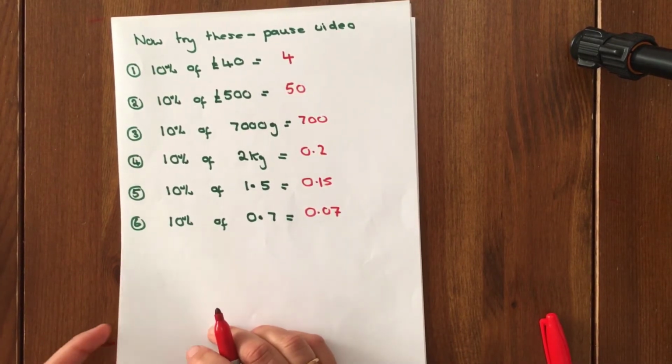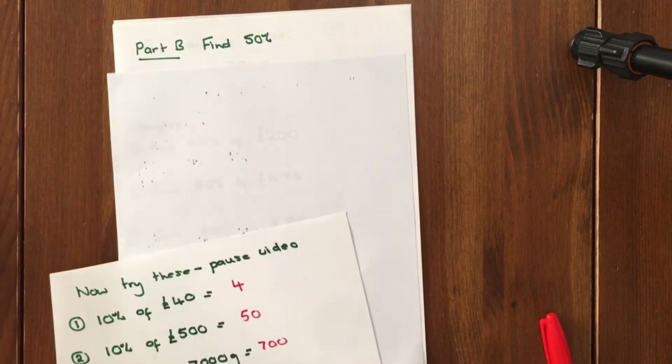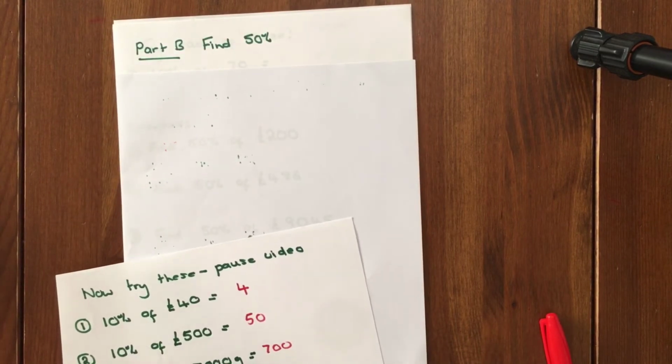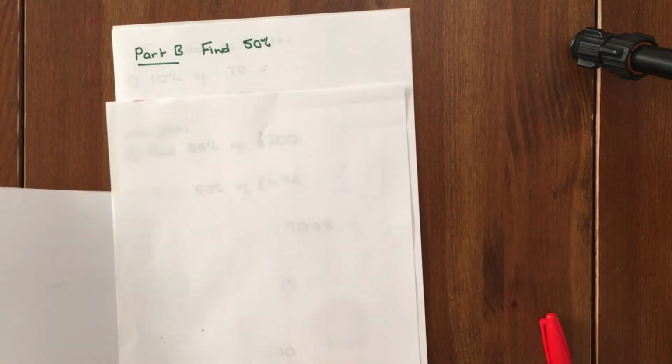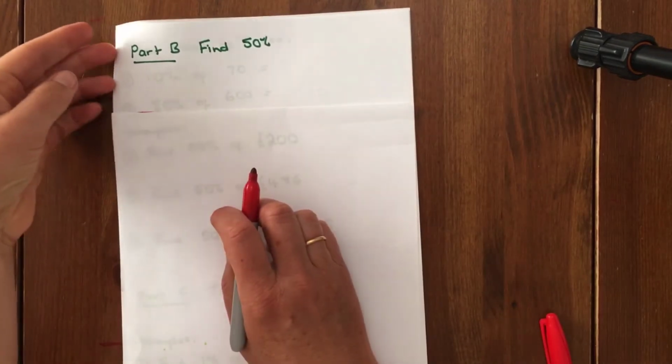Okay, so next part of this lesson, part B. When you are asked to find 50% of a number, what do you do?